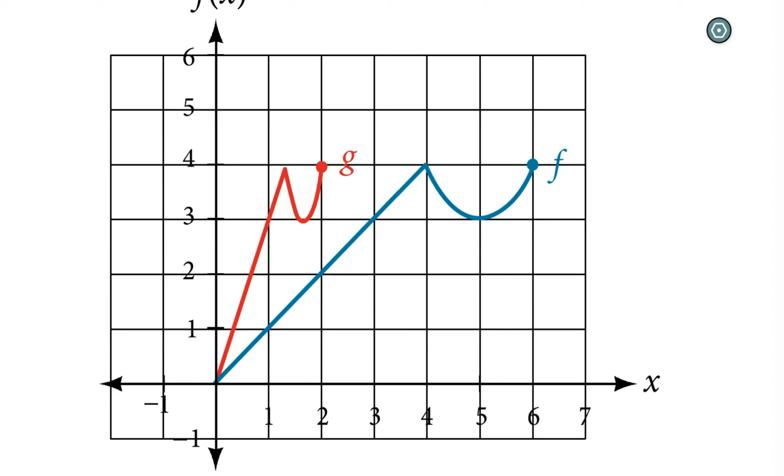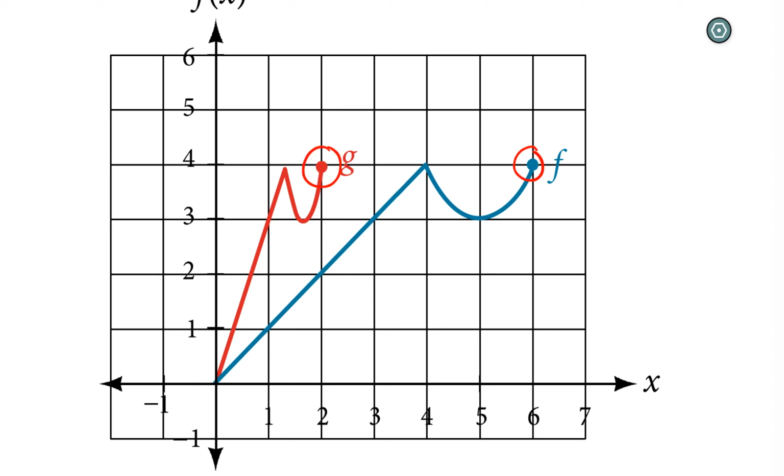Now, if I look at the highest value of f, which is here, if there were a stretch vertically, the highest value of g would be higher or lower than that value of 4 for f. But g is actually at the same height, so I don't see any vertical stretch going on here.